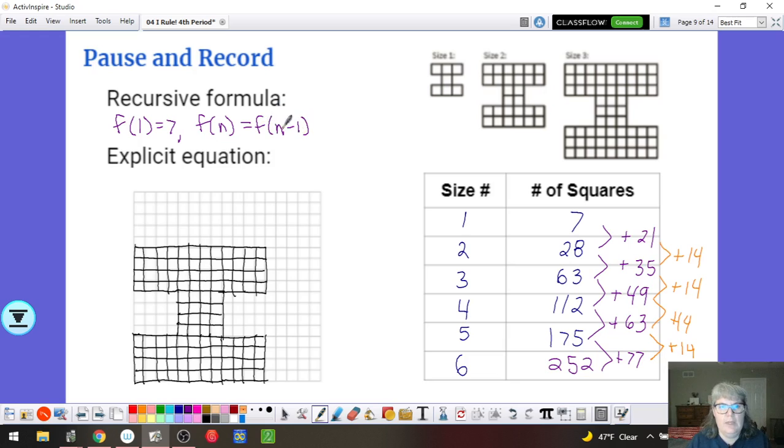The f of n minus 1 stands for previous term, so I'm adding to the previous term to get the next. Plus, this is where the second difference comes in handy. This second difference is our rate of change for our linear pattern here. Our first difference is linear, our second difference is constant. So I'm going to have 14n.